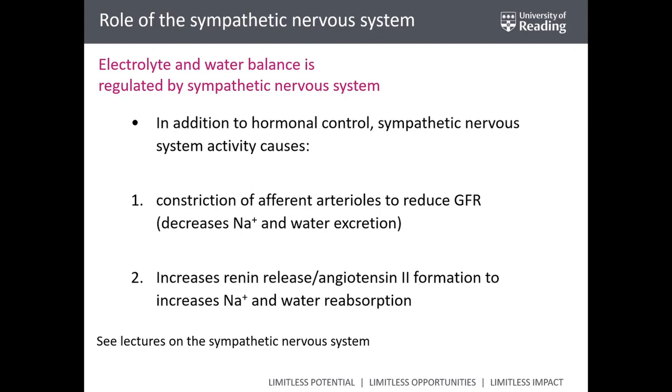That leads to a decreased excretion of sodium and water. And of course, the activation of the orthosympathetic noradrenergic system leads to the increase of renin release, and so angiotensin II formation, leading to increased reabsorption of sodium and water. I'm not going to get into the detail of this because you've already covered these in the sympathetic nervous system lecture.